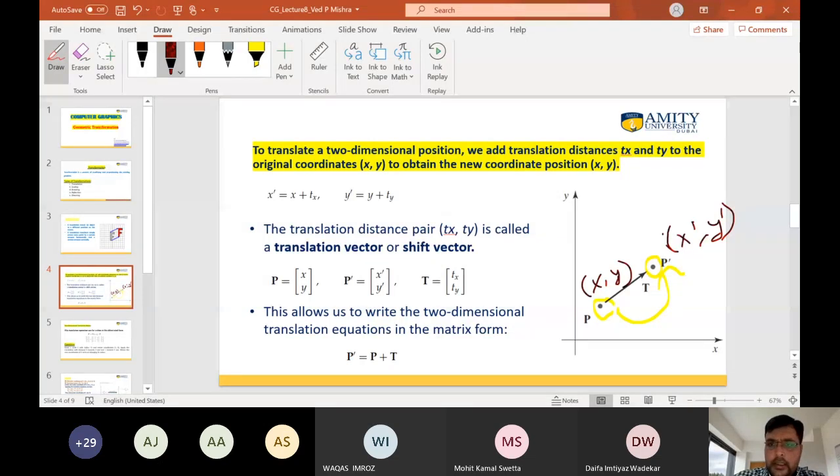The new coordinate position should be x dash, y dash.